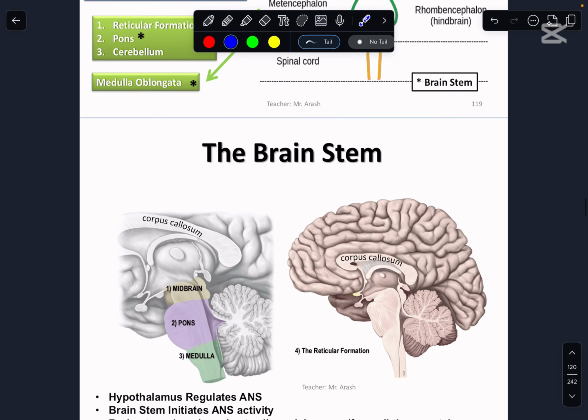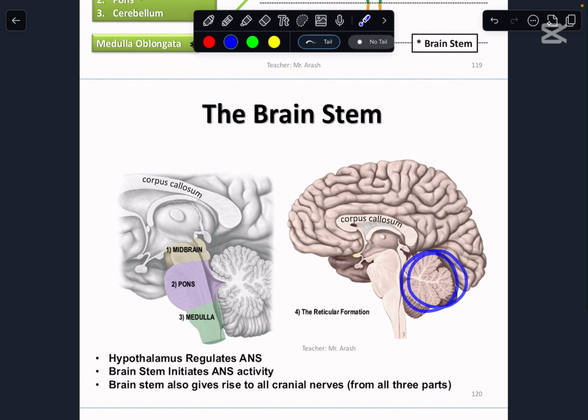This part of the brain, by the way, is called the cerebellum. This is the cerebellum right here, this whole thing. So the brain stem involves these areas right here, which include parts that are midbrain and parts that are hindbrain.